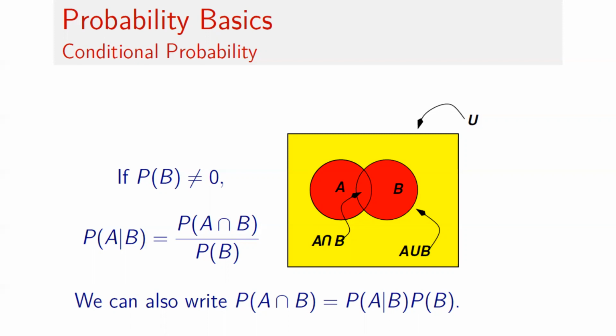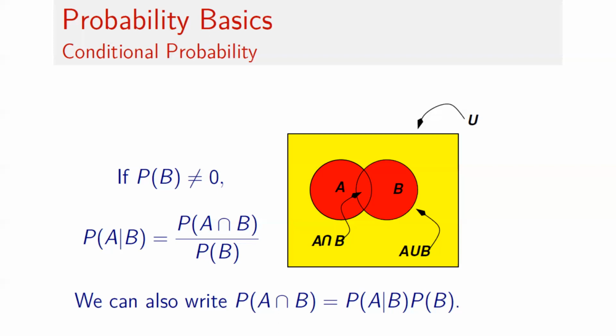If there is a large overlap between capital A and capital B, then that probability is high. On the other hand, if capital A and capital B are disjoint, in other words, they have no elements in common, so we don't have the overlapping, then the probability is 0.